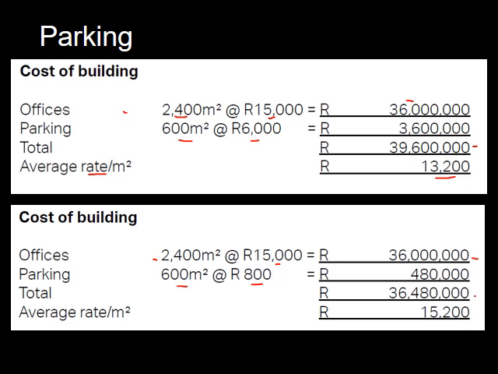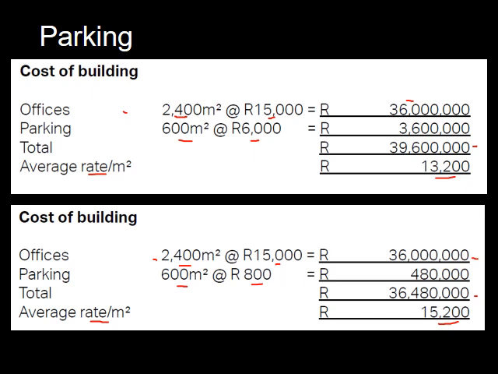Okay, so that's more or less what it works out at. But remember now your rate per square meter is now divided by 2,400 square meters and not the total 3,000 square meters. So your rate per square meter works out higher because you're working with your building's square meter rate and not your parking. Okay.